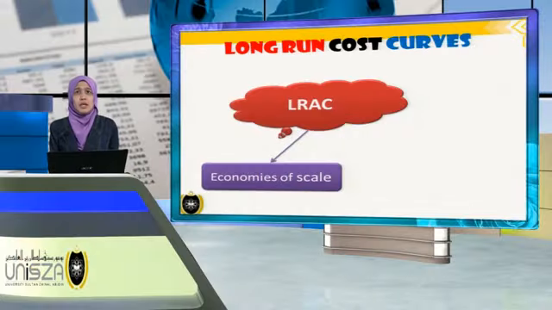The stages of scale will cause two circumstances to occur. First, economies of scale. Economies of scale refers to the advantages and benefits of a firm as it becomes larger and larger. Economies of scale can reduce long-run average costs.